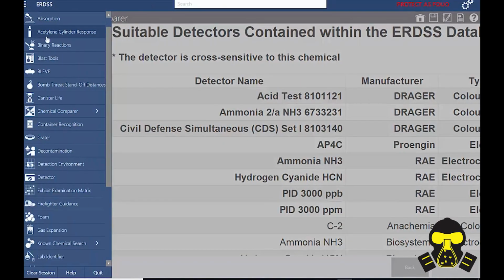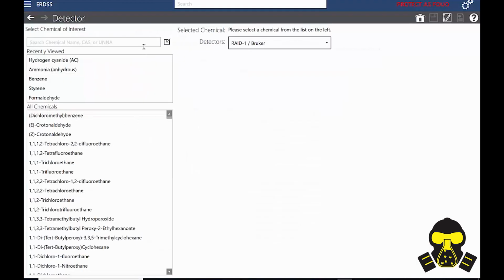Now, if I walk into an unknown, and let's say my CO meter goes off, is there a way for me on this to say, okay, my meter is reading CO, what are all the other different possibilities? Right now, that's not one way to do it, but you could go in and say Detector, which is another tool, and say what detector was saying that.